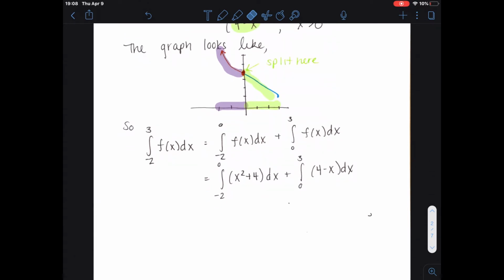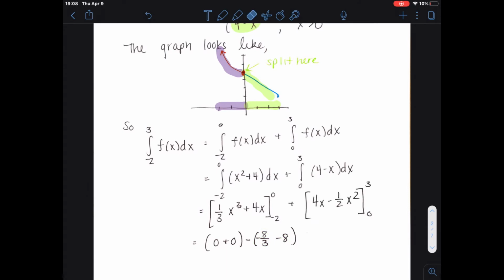And now it's just a matter of actually computing these integrals and applying the fundamental theorem of calculus. So we look at the antiderivative of x squared plus 4, which is 1/3 x to the third plus 4x. We're going to evaluate this from -2 to 0. So if you do that, plug in 0 first, you'll get 0 plus 0, minus what you get for plugging in -2.